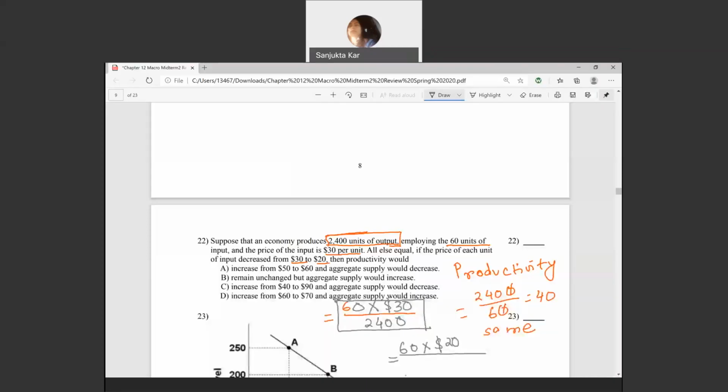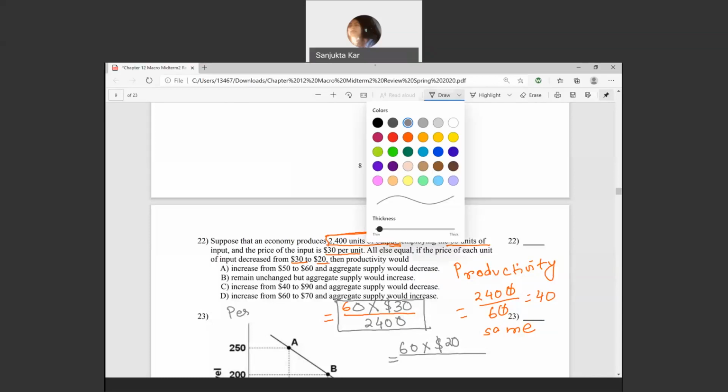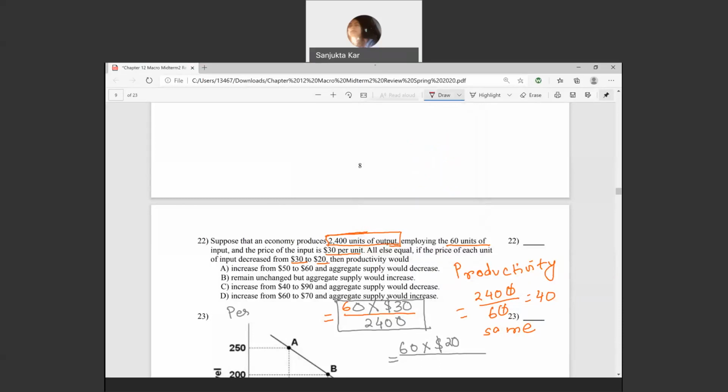The per unit production cost basically went down from this one to this one.